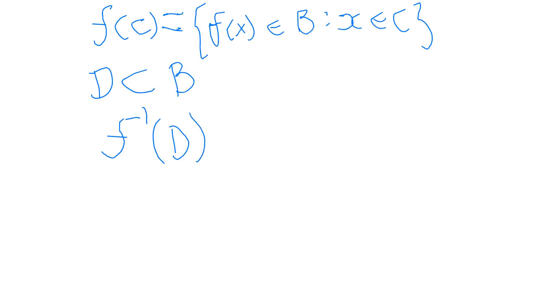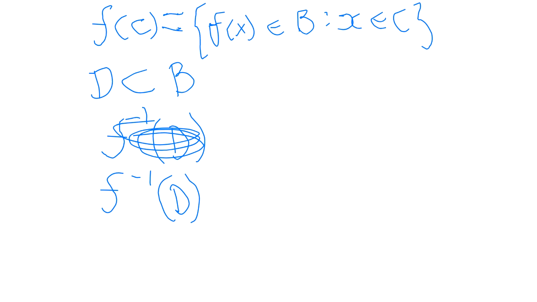The first time, you couldn't see the negative one clearly. So f inverse D, the inverse image of D, is defined as this set here: the set of x in A such that f of x is in D.